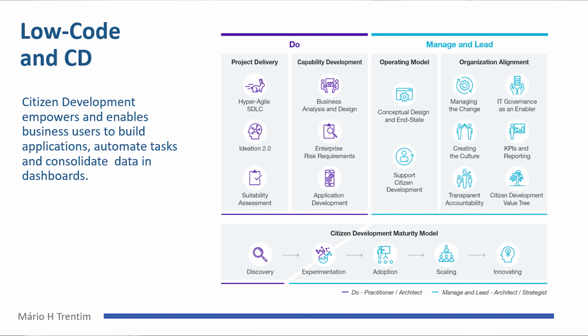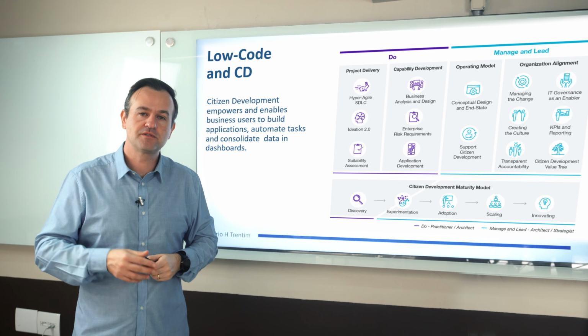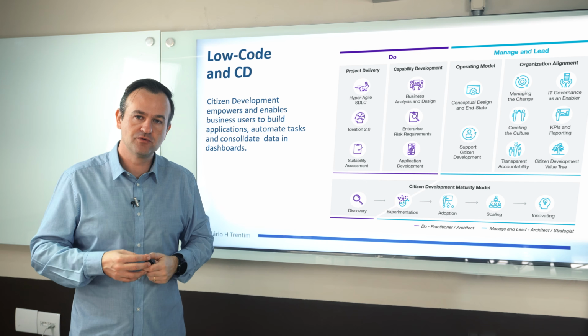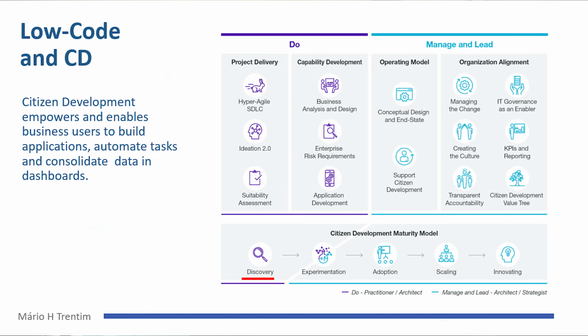So low-code and citizen development, this is the framework to adopt this type of tool. It doesn't matter which tool you're going to use. I mentioned some examples like Monday.com, Microsoft Power Platform, and others. You have to go through this life cycle: discovering the tool, understanding what you can do with a low-code platform.